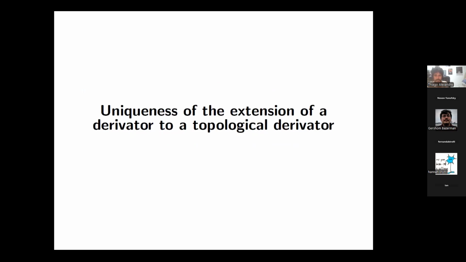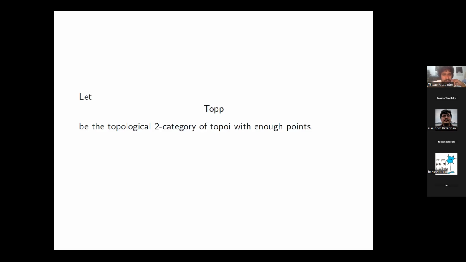Now, I'd like to say some words about the uniqueness of the extension of a derivator to a topological derivator. First, in the case of the topological 2-category of topoi with enough points, let's focus on this domain.